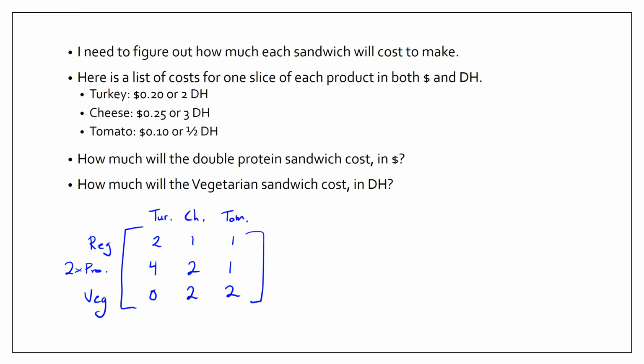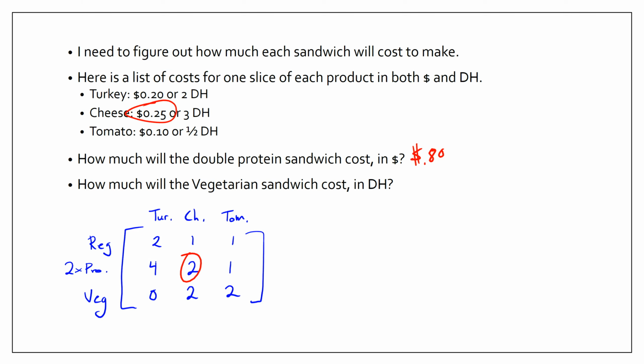So let's think about what I would need to do this problem. I know how much turkey, cheese, and tomato costs, right? And because I have my matrix, I know how many slices are in the double protein sandwich. So basically, all I'm going to need to do is multiply the 4 turkey slices by the 20 cents, and that's going to be 80 cents total for the turkey.